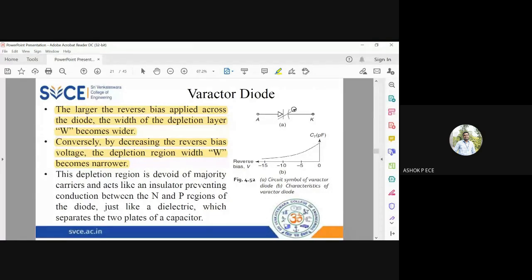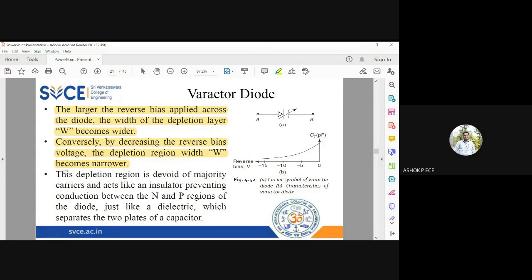As the reverse bias voltage increases, the depletion region width increases and the capacitance decreases. So when no reverse bias is applied, the capacitance value is maximum. From then, as you increase the reverse bias in a negative way, the capacitance value starts decreasing.